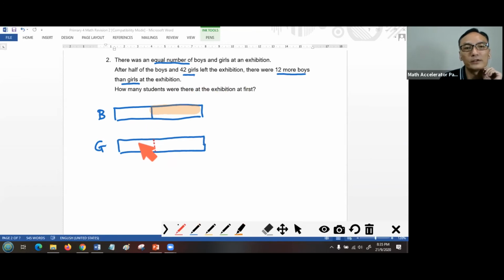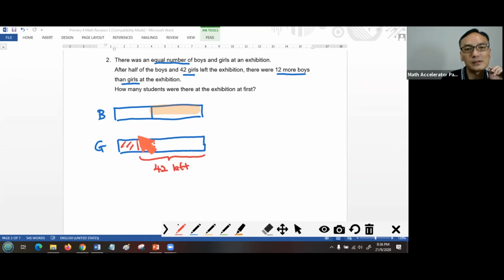So you have more boys than girls, so you have 12 more boys here compared to the girls, right? So here is what is left for the girls. From here to here are the 42 girls who have left the exhibition, right? So this is what the boys left, this is what the girls left.